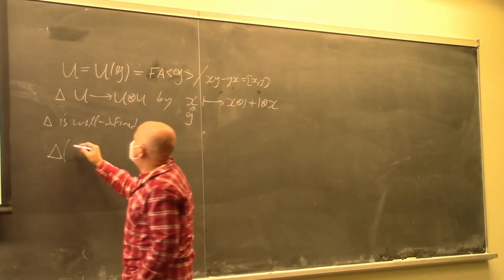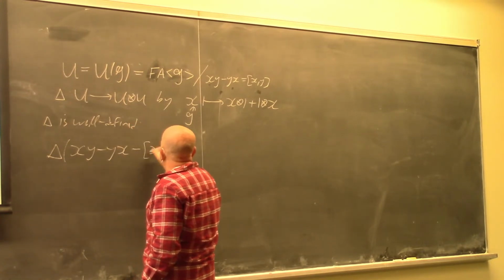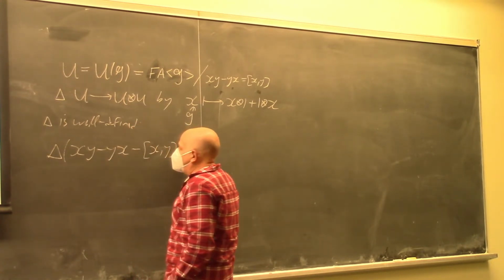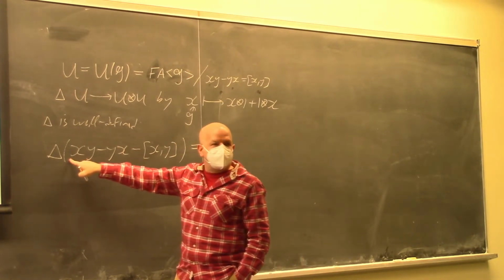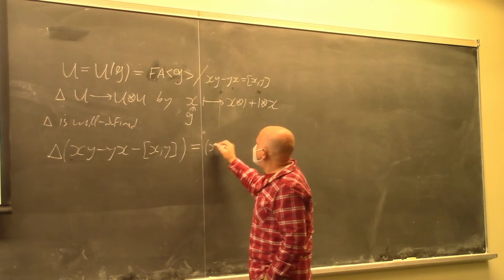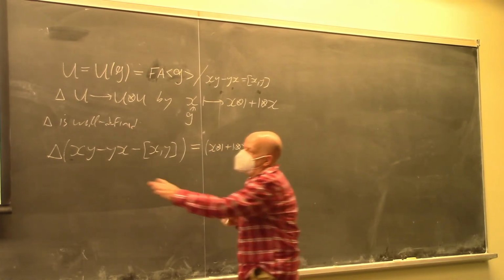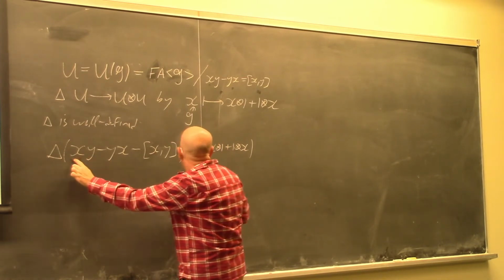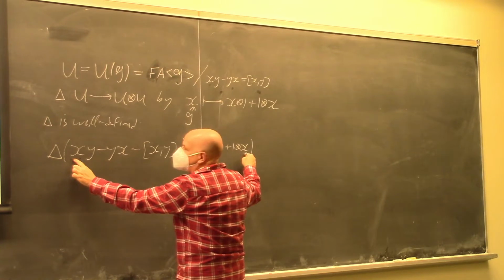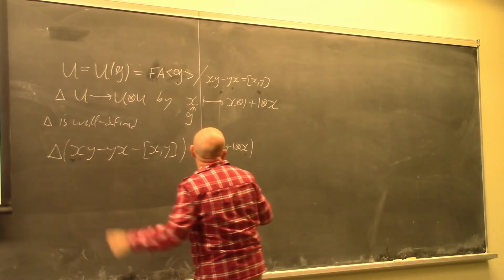So I need to compute delta of xy minus yx minus x bracket y, and here's what it is. Delta of xy is the product of the deltas. So delta of x is x tensor 1 plus 1 tensor x, times the same thing for y.